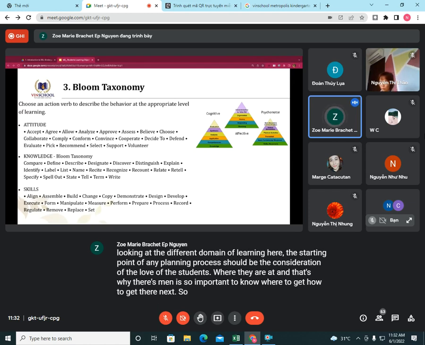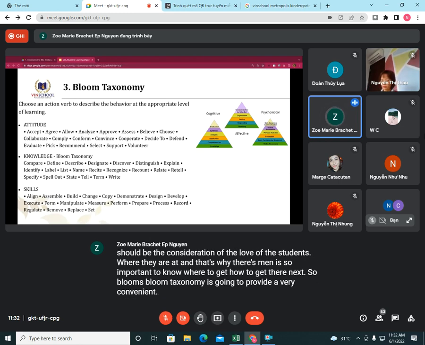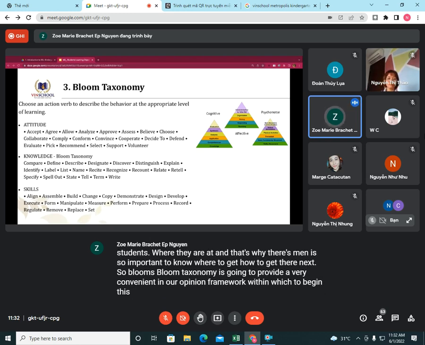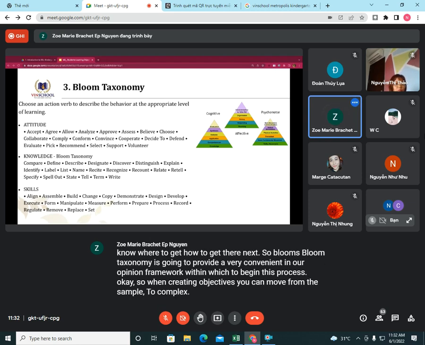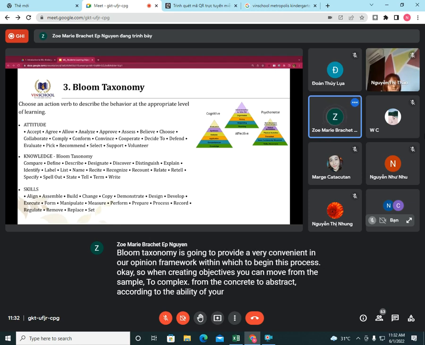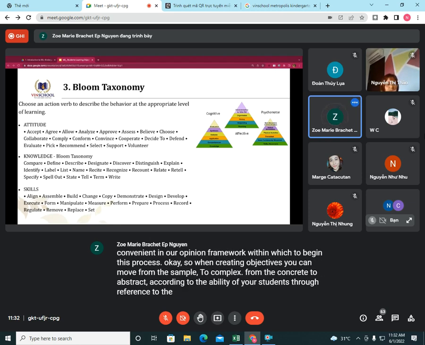So Bloom's taxonomy is going to provide a very convenient, in our opinion, framework within which to begin this process. So when creating objectives, you can move from the simple to complex, from the concrete to abstract, according to the ability of your students through reference to the taxonomy.